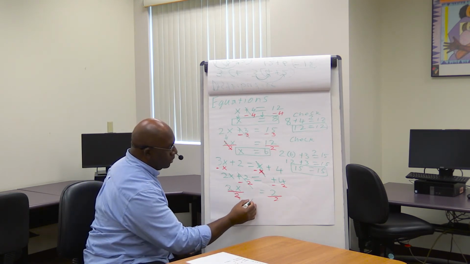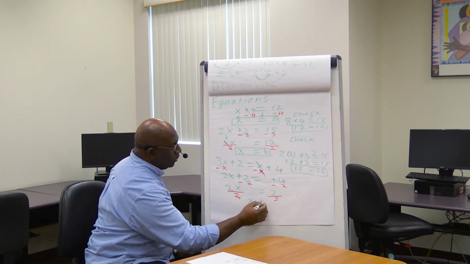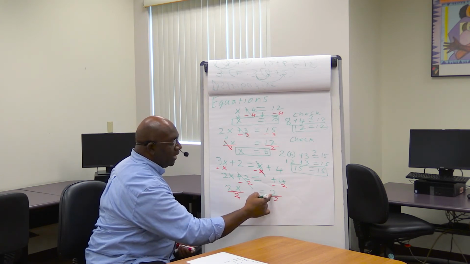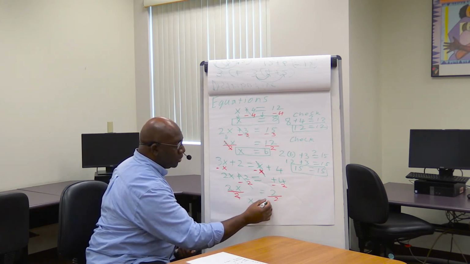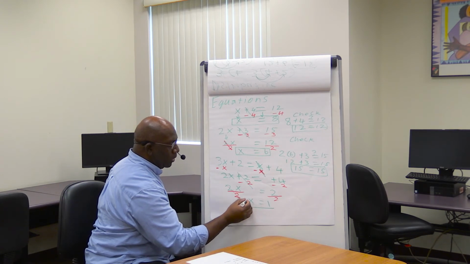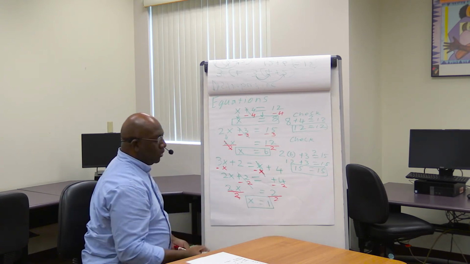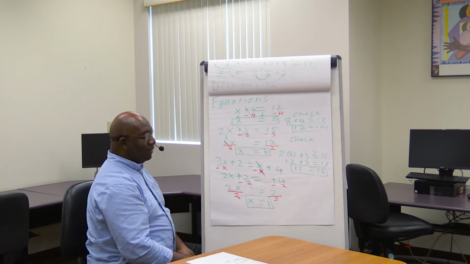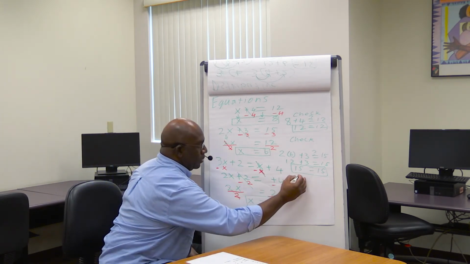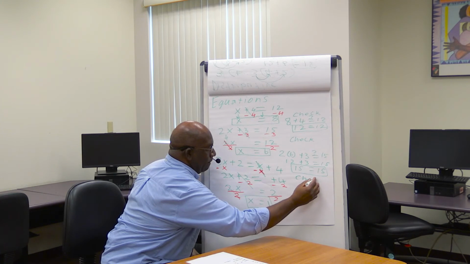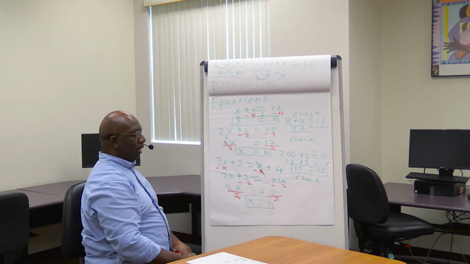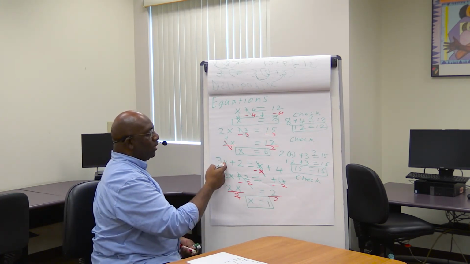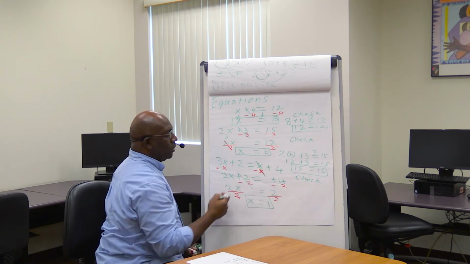x is equal to 2 divided by 2 is 1. So x is equal to 1. Time for us to check this. Check. This is my original equation.